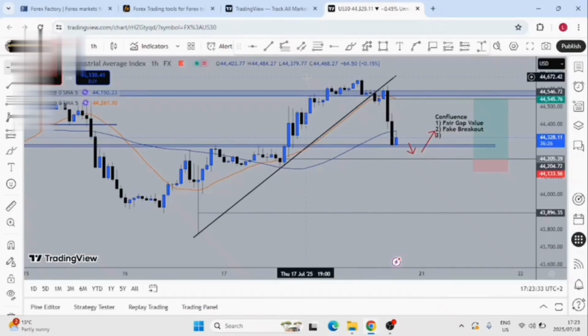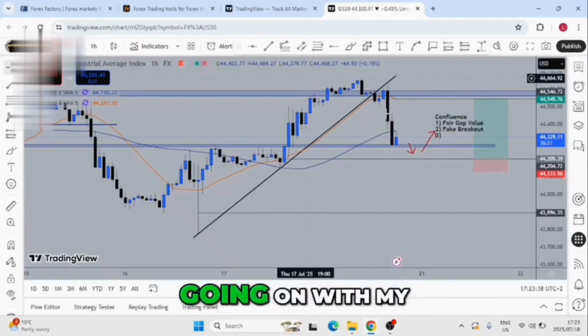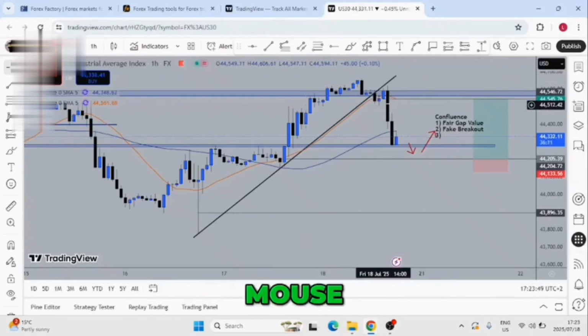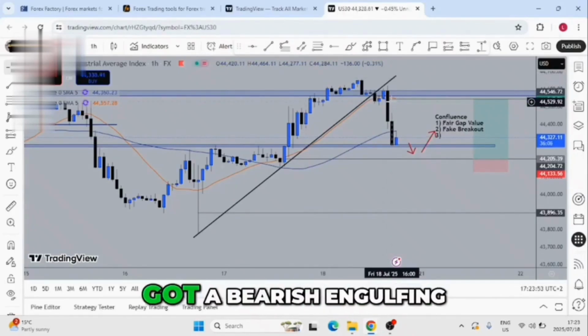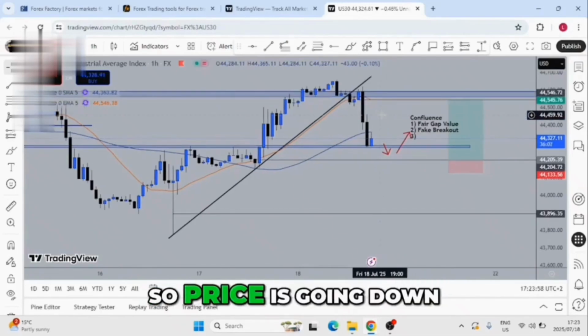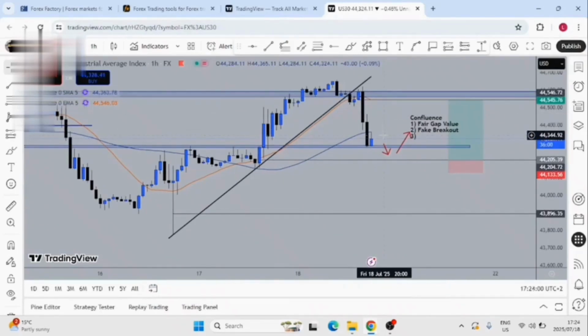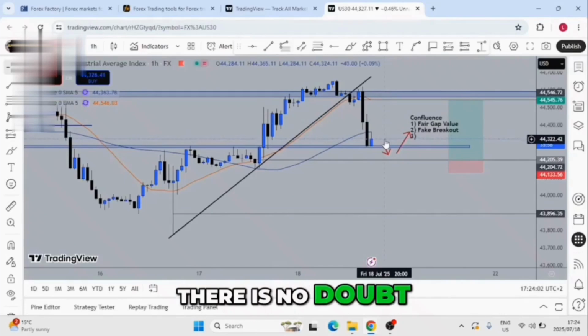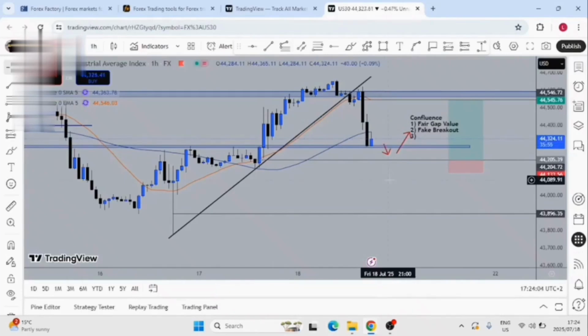Okay, I don't know what's going on with my mouse. Okay, you see that we've got a bearish engulfing right here. So price is going down. There is no doubt about that. That price is going down.